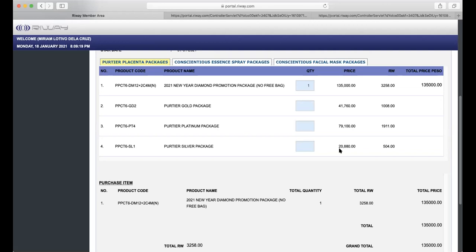So meaning to say, if we do not give this account to the person who paid 135, that means we are not giving them what Reway is supposed to be giving them. And that is not correct. So we really need to give it back to the person who paid for it. Unless you have a written agreement by the person who paid that he does not want the account, then it's a totally different thing. But otherwise, as a standard, we will encode. If not, you will not be able to grow the business. Is that clear?